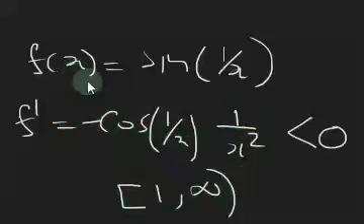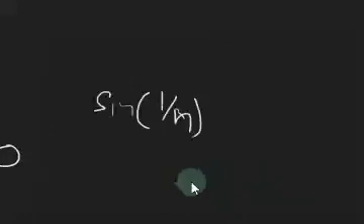Therefore f is decreasing. We know that the limit of f is 0 as x tends to infinity, right? Therefore sine of 1 over n is a decreasing sequence. This sequence is decreasing to 0, right?